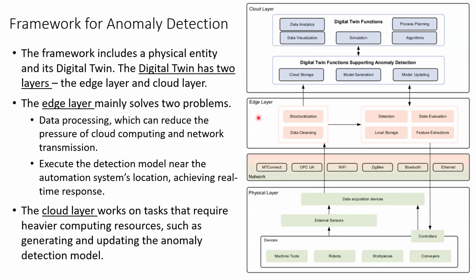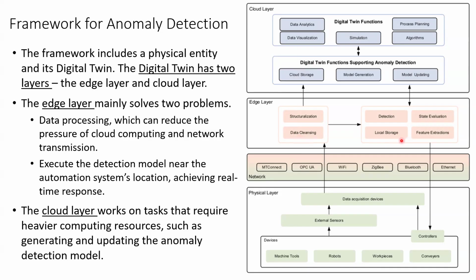This layer is positioned near the physical system, and it serves two major functions. Number one is data processing, such as structuring data, cleaning, and feature extraction, and this also reduces the load on the cloud infrastructure and minimizes network delays.